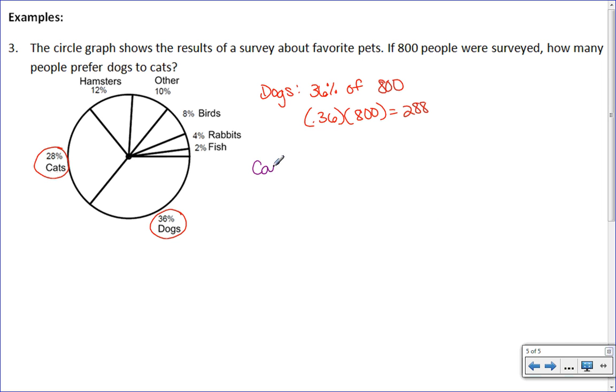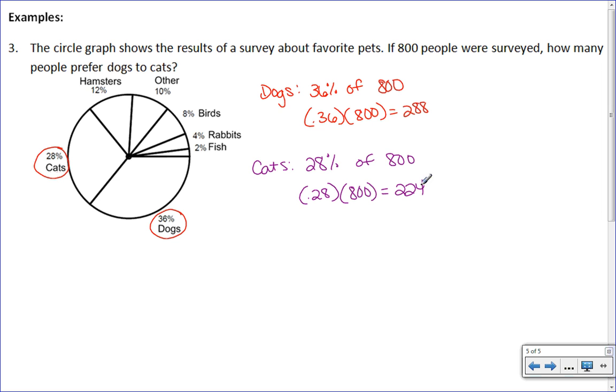Let's do the same thing to find out how many people prefer cats. So cats are 28% of the same amount, 800 people. So we'll change 28% to a decimal. And when we multiply those, we get 224 people. Okay, and the question asks, how many people prefer dogs to cats?